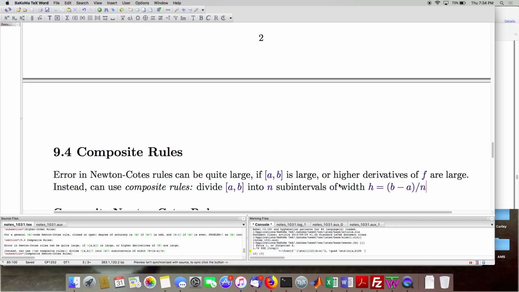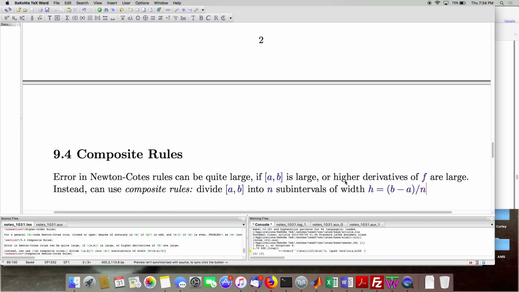So now, instead of your error being proportional to a power of b minus a, it's going to be proportional to a power of h. But if you choose a large number of subintervals n, then h is going to be nice and small.